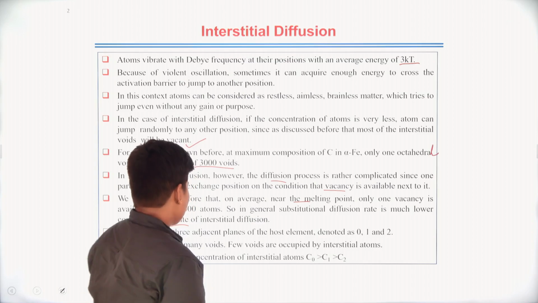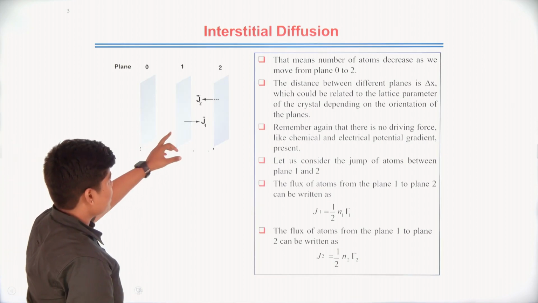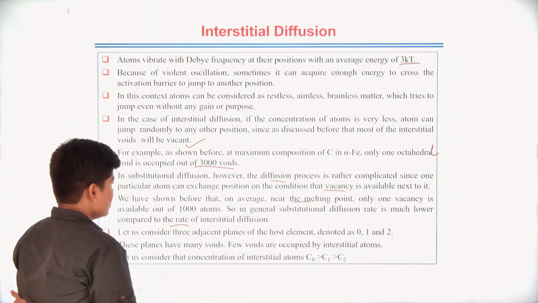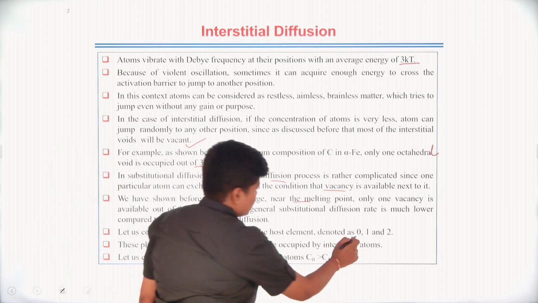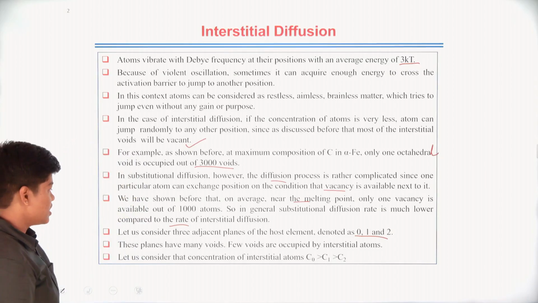Let us consider three adjacent planes: plane 0, plane 1, plane 2. These planes have many voids, and a few voids are occupied by interstitial atoms.